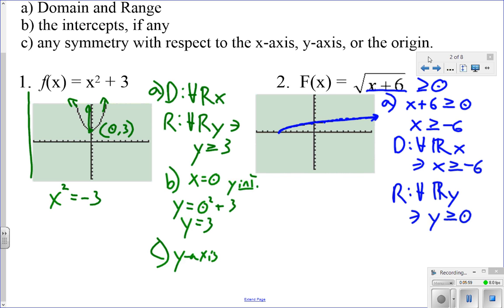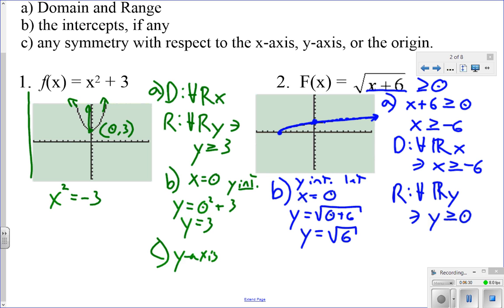Our next piece is our intercepts. I can see that there are two here. To find my y-intercept, I let x be equal to 0, and I get f of x, or y, equal to the square root of 0 plus 6. So y is equal to the square root of 6 for my y-intercept.